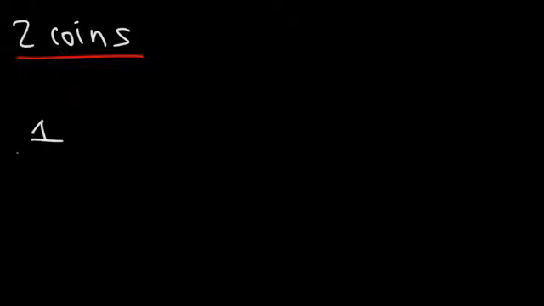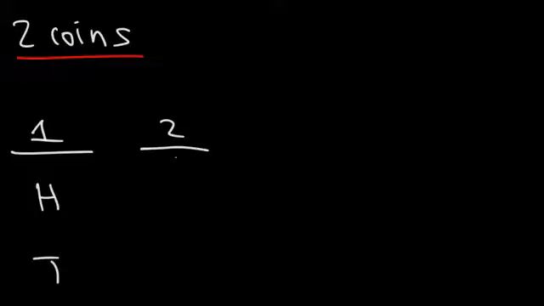Now, what if we wanted to flip, let's say, 2 coins? What are the possible outcomes? What's the sample space for flipping 2 coins? To help us get the answer, we're going to create something known as a tree diagram. So when flipping the first coin, we have 2 possibilities, heads or tails.